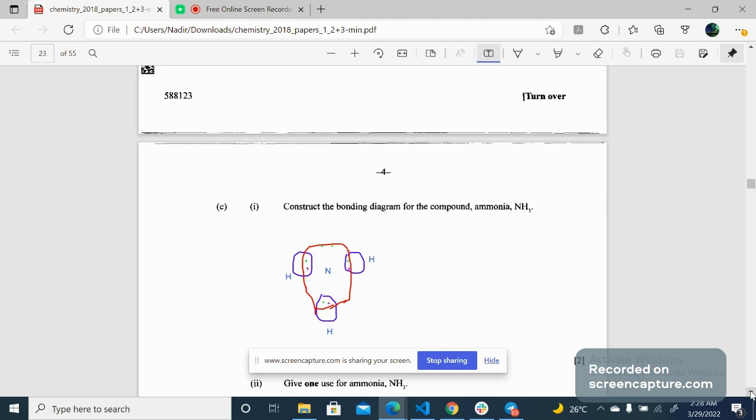The way it works in forming bonds is that it gets attached to 3 hydrogen atoms, and each hydrogen atom has only one electron, which is also a valence electron.